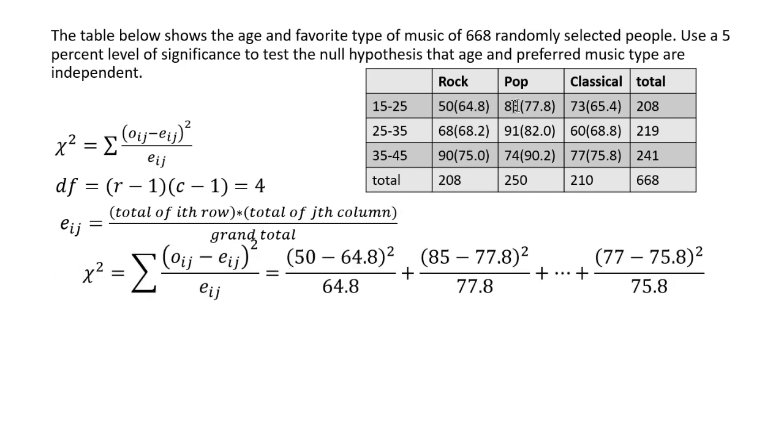So you do it for this one as well: 85 minus 77.8 squared divided by 77.8. And you keep going until you reach this last one, which is 77 minus 75.8 squared divided by 75.8. And this value, if you actually did the computation, you will get 12.95. And it takes a while.